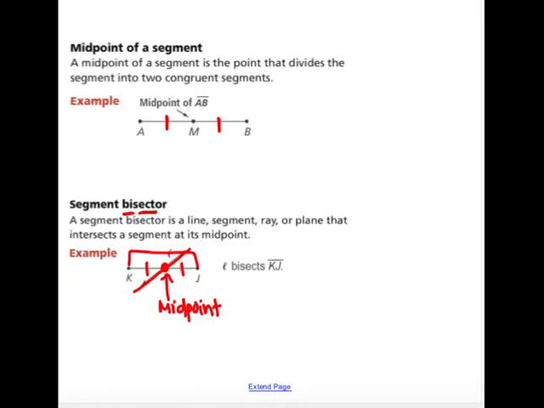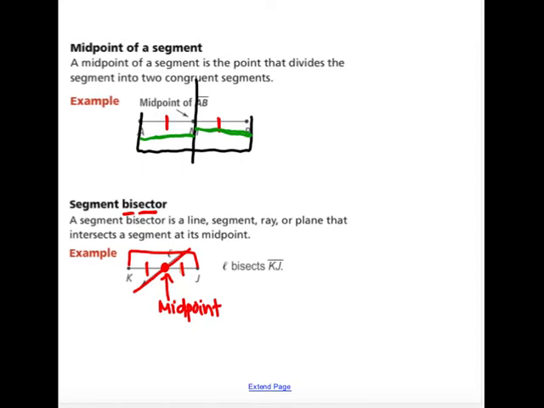Next, we have kind of what I was talking about, midpoint. Midpoint in this line is M, which means that on my line segment AB, M is kind of where it gets chopped in half. So I know that from A to M is the same distance as M to B. So it divides it into two congruent segments.